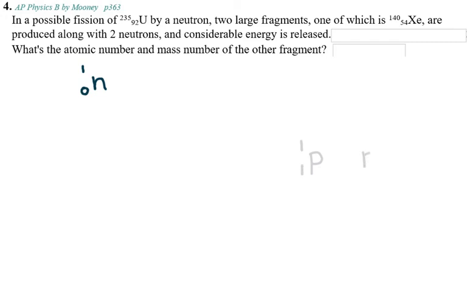If you have a neutron, that means you have 1 nucleon in the nucleus, but you have 0 protons. And if you have an electron, that means you have 0 nucleons, because an electron is not in the nucleus, and then a -1. So that's how you represent each one of them.